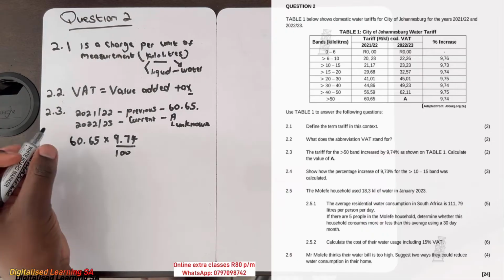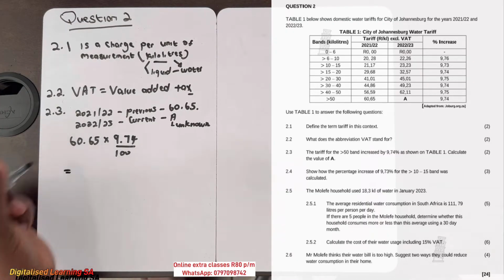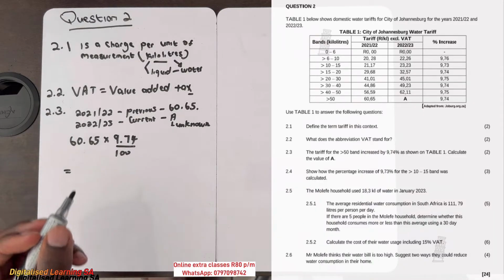This is the first method that we can use. So let's plug that into our calculator. We will get 60.65 multiplied by 9.74 over 100.